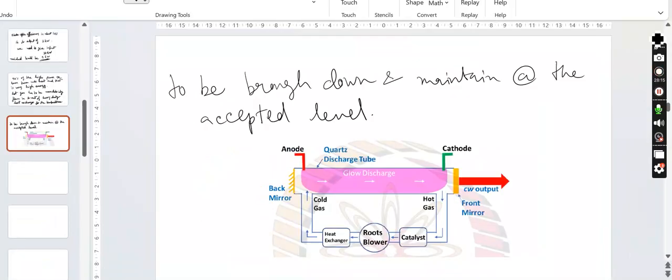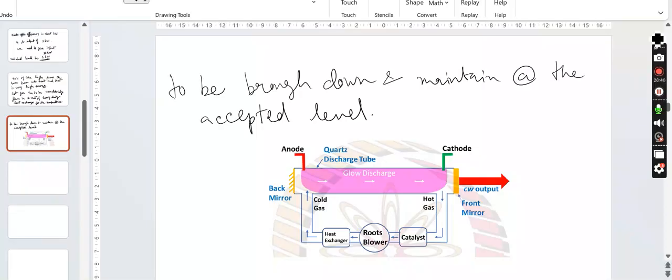Here it is still using electrical pumping. So the gas, after it goes along the field between the anode and cathode, the hot gas goes to the catalyst. Why we need the catalyst, I'll come to that.